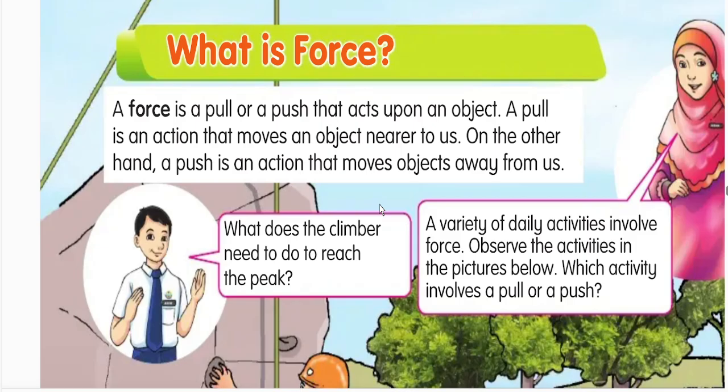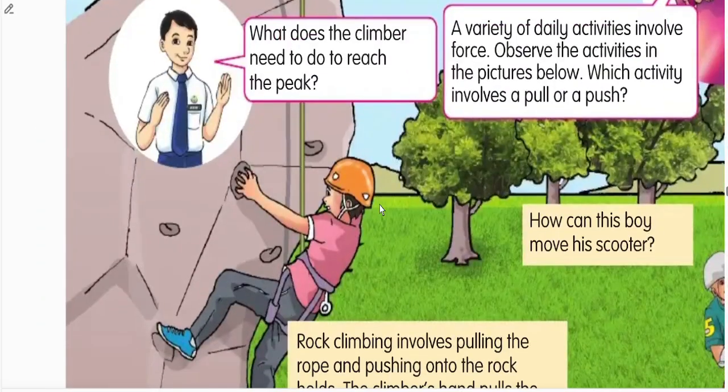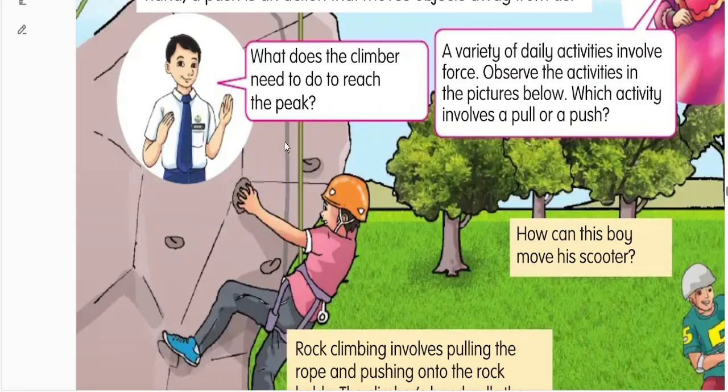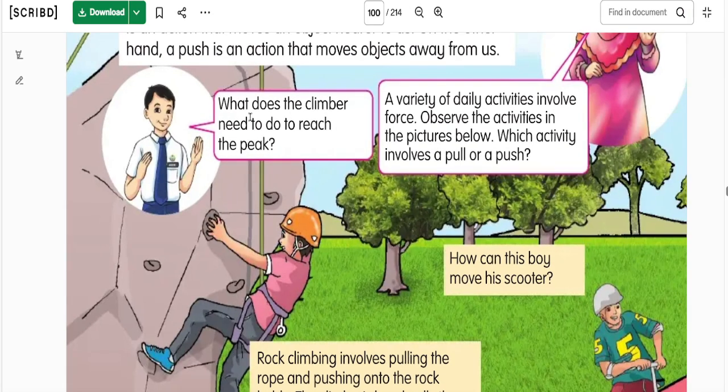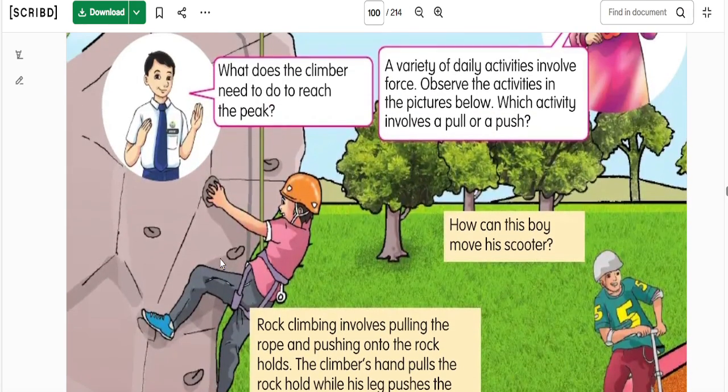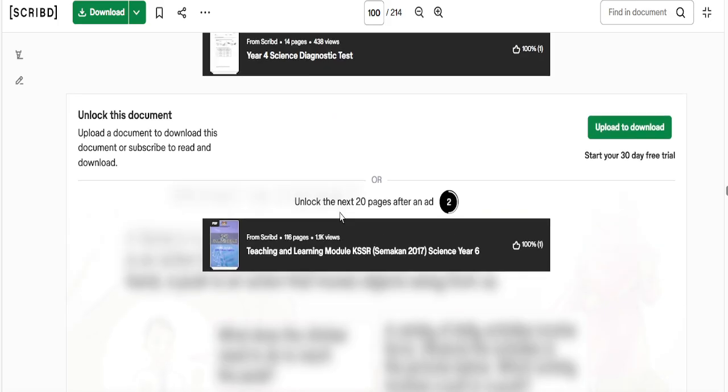Then let's see this example. What does the climber need to do to reach the peak? Basically, he is climbing a rock, and in each step he is going up, so he is applying force, right?